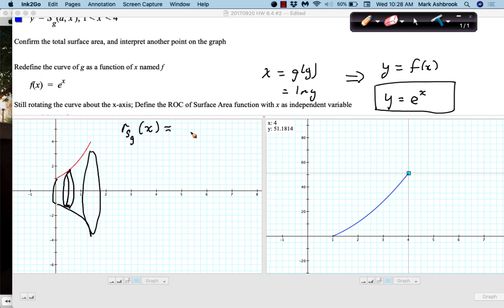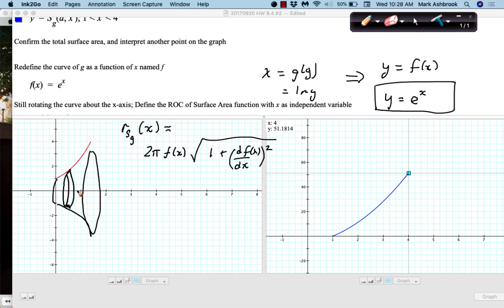The rate of change of surface area, now with respect to x, what would it be?